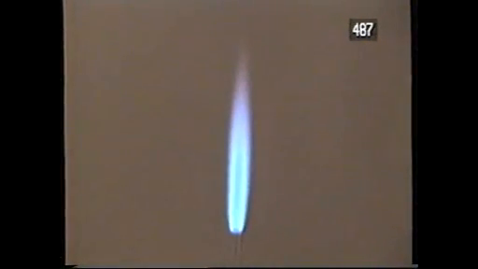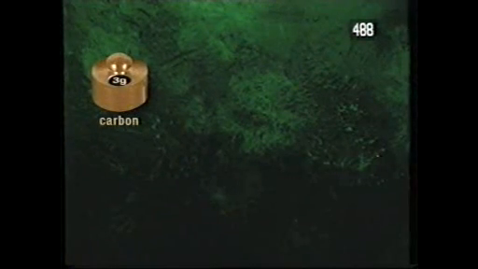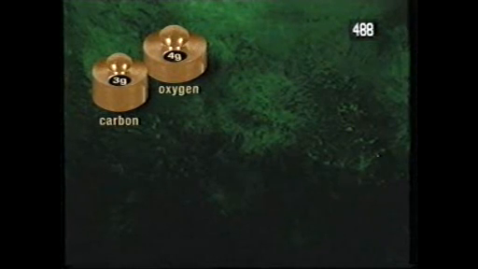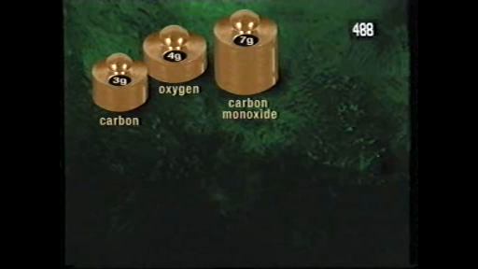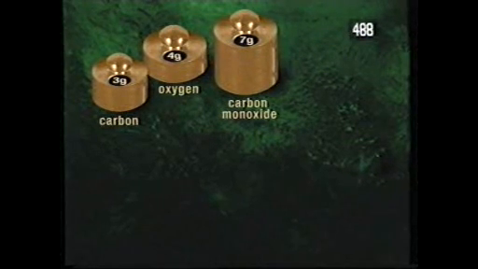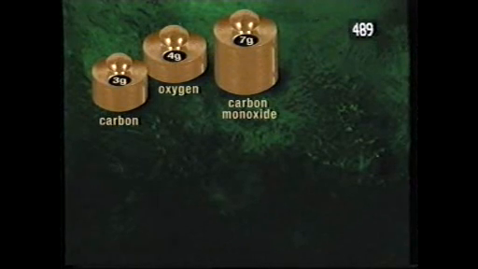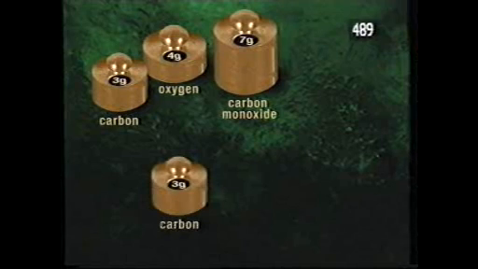Suppose we make carbon monoxide by starting with 3 grams of carbon. Then we find we need 4 grams of oxygen to do it. In chemical reactions, the mass doesn't change, so our 3 grams of carbon and 4 grams of oxygen will produce 7 grams of carbon monoxide. Now suppose we make carbon dioxide from 3 grams of carbon.